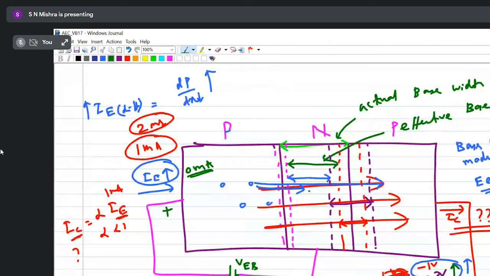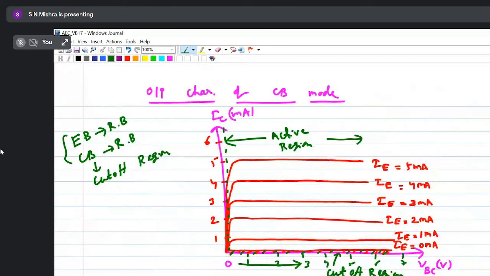That means this is positive and holes are pushed from emitter to collector, and at the same time VCB is negative, so they pull the holes from the emitter towards the collector. So the emitter base junction is forward biased and the collector base junction is reverse biased, in which we get the normal operation of the transistor. Yes or no? So this is your active region.